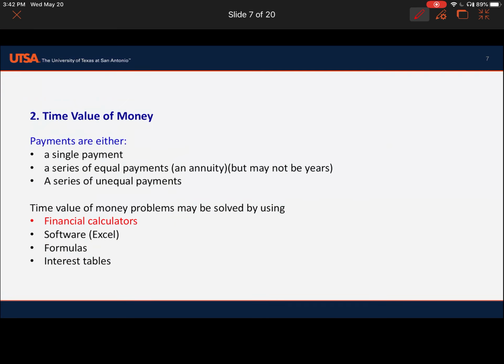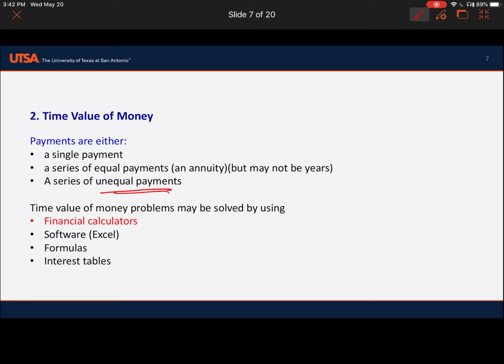For the time value of money, the payments are either a single payment, or a series of equal payments, an annuity, or a series of unequal payments.